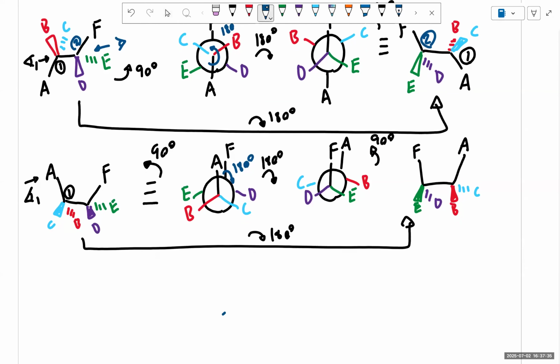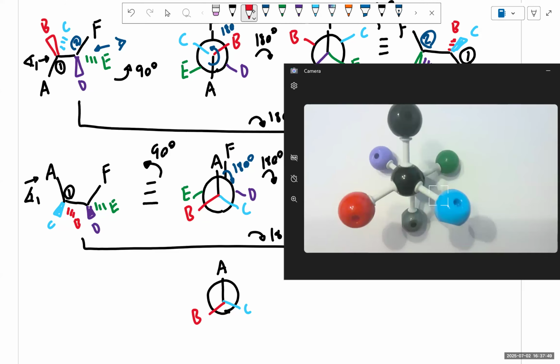So in this case, the front carbon substituents and groups A, B, and C do not change. We haven't rotated that carbon-carbon bond, so we keep everything the same. Looking at our back substituents, group E is now pointing up and to the right. That's the green group. And group F is pointing down. And group D is pointing up and to the left. So let's draw that.